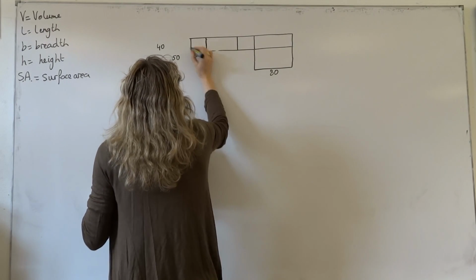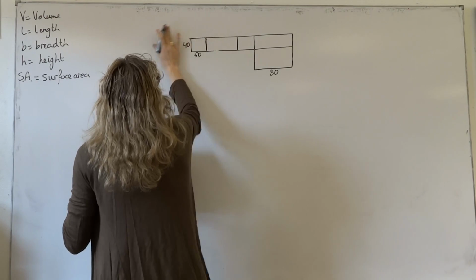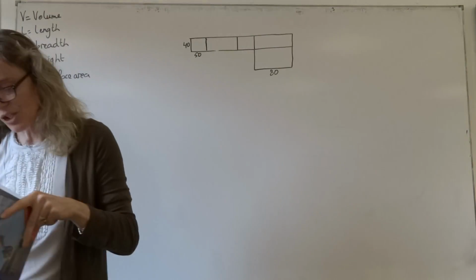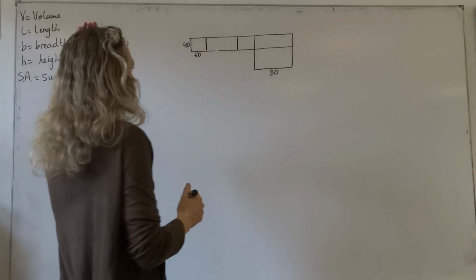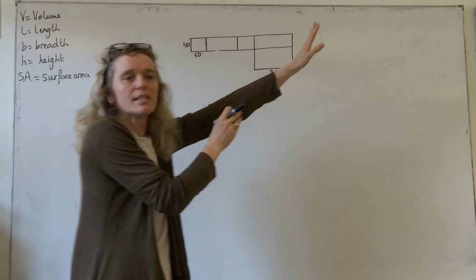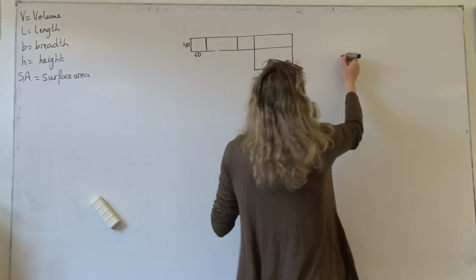So we have 50 and we have 40 here. So that's the sketch, and they want you to work out the surface area of the box and the volume. So the easiest thing is if we sketch this as a three-dimensional sketch.